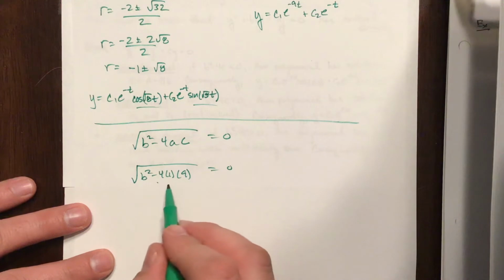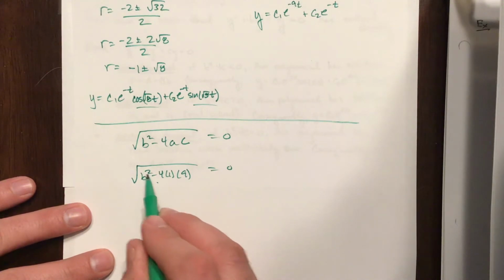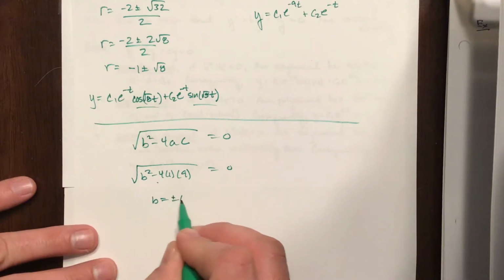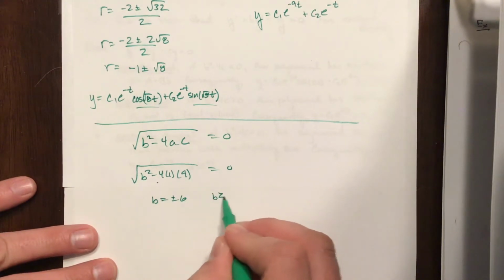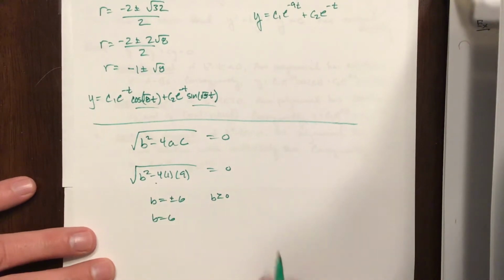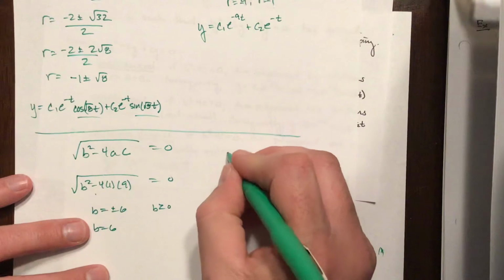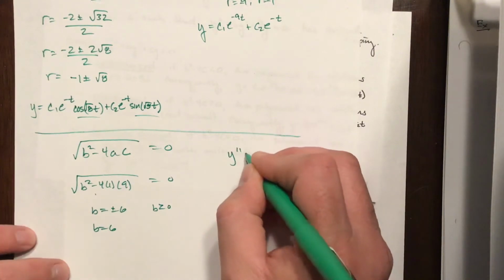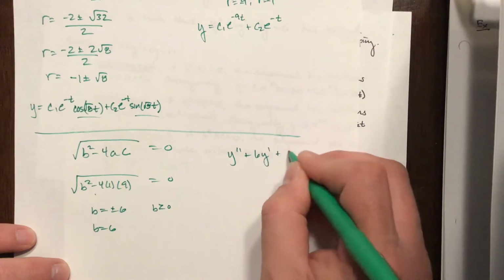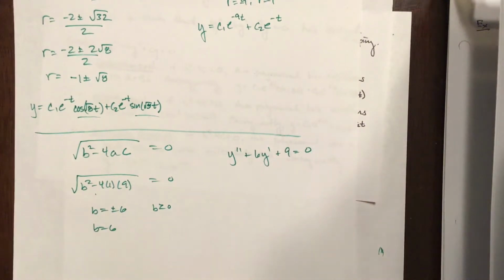Well, 4 times 9 is 36, so b squared is 36, and b would be equal to plus or minus 6. But remember, we said b was going to be greater than or equal to 0, so b equals 6 is the value, or is the scalar that generates critical damping. Unfortunately my 6's look like b's, but this is a 6 and it's representing b.